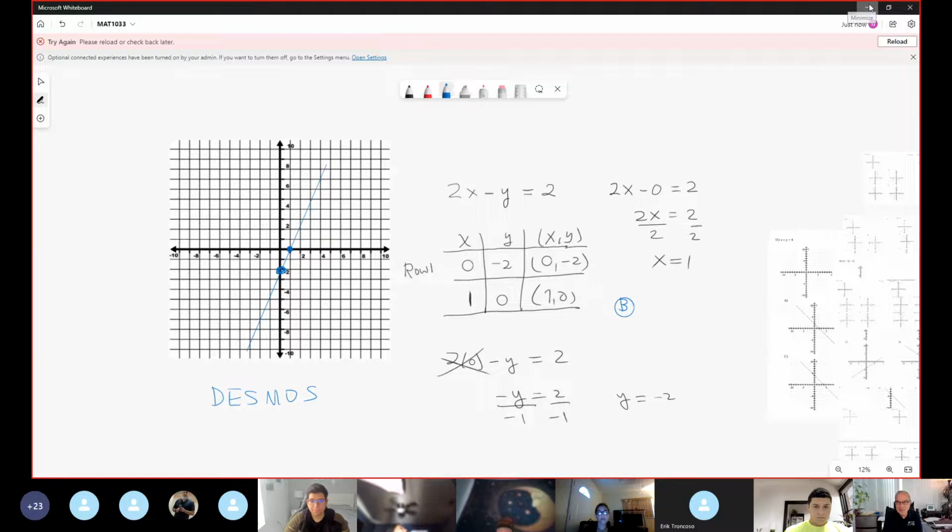Let me open my Google Chrome browser. Okay, I go to Desmos.com calculator. Desmos.com. Of course, I create my account. I recommend that you create your own account.